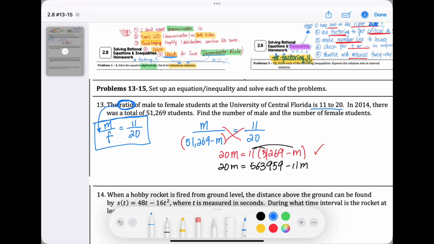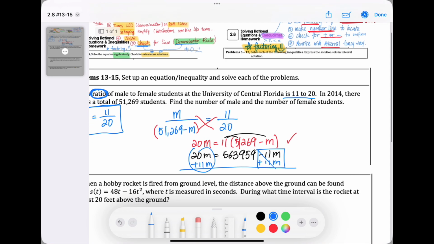So what will be my next move? Combine like terms. So both sides plus 11M. So this will be 31M is equal to this giant number. If I want to figure out M, I need to divide by 31 on both sides.